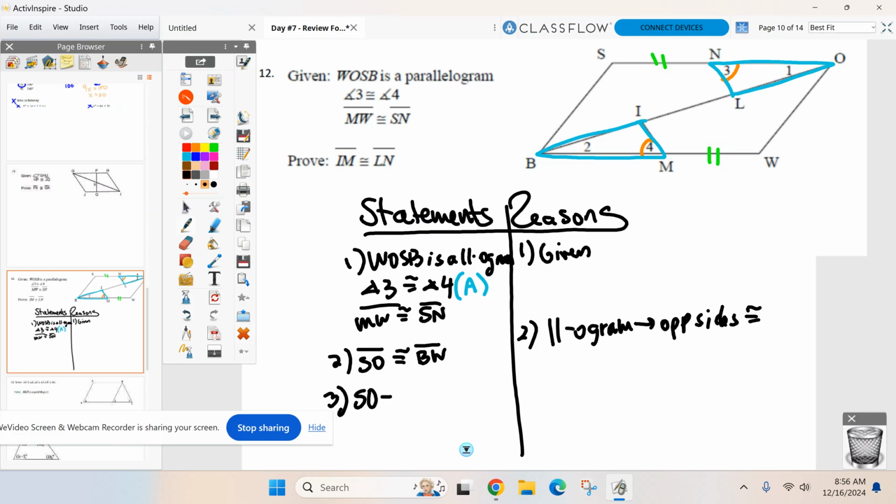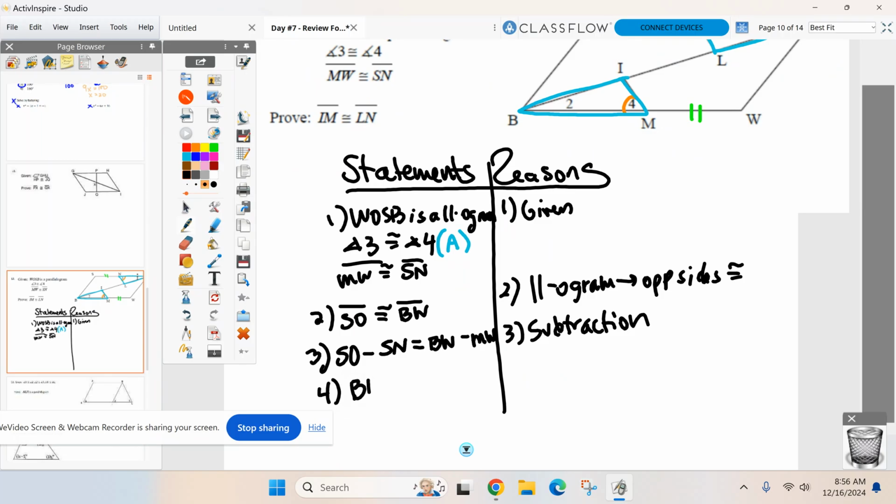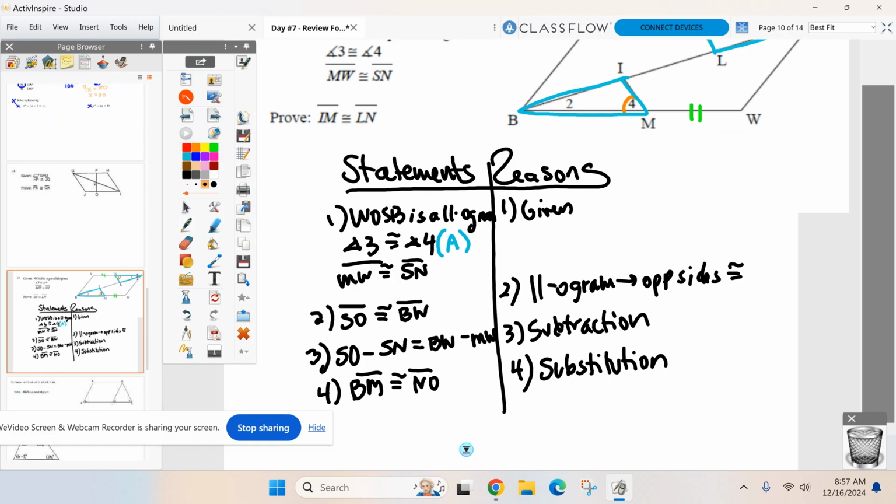So we're going to take SO, subtract SN, and then on the bottom we're going to take BW and subtract MW, and substitute in the sides BM and NO, and put a pair of sides there for you guys.